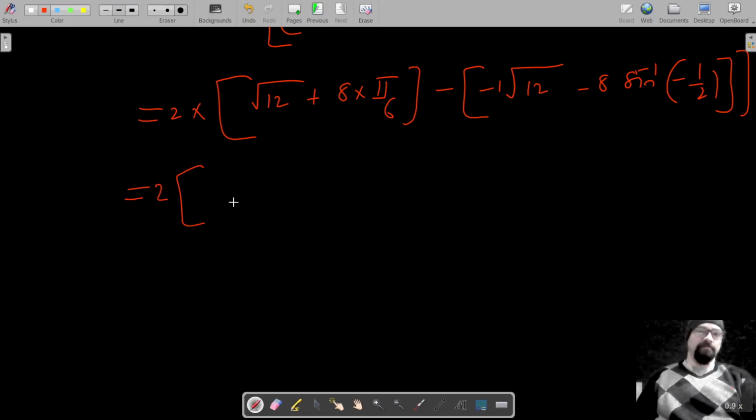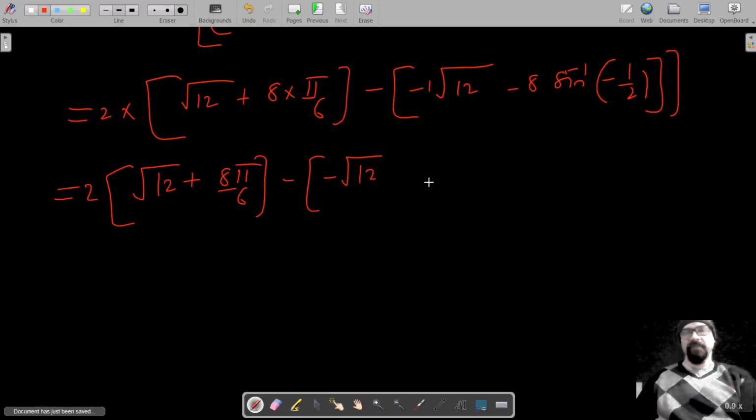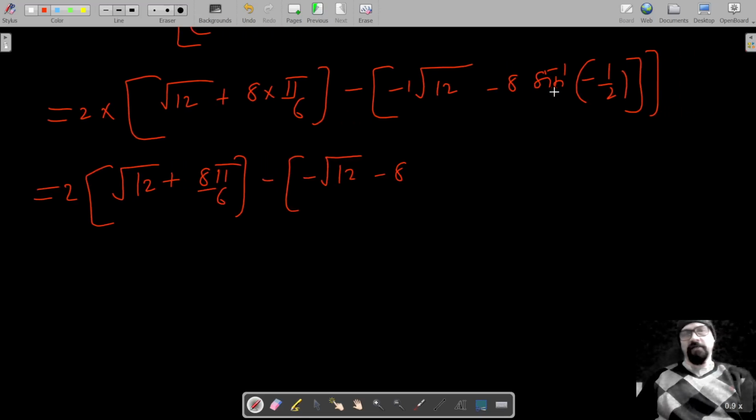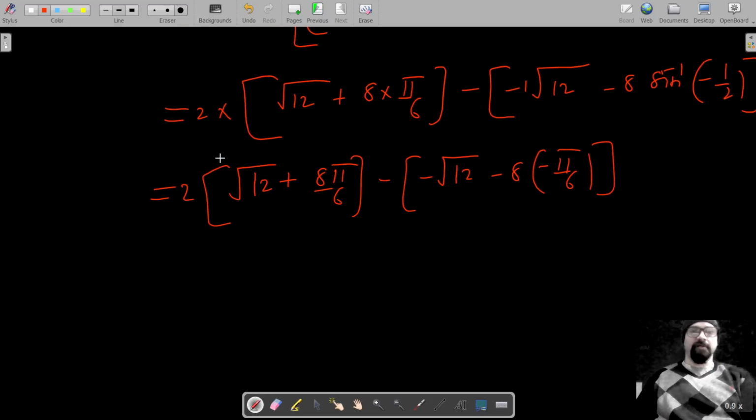So this is now equal to root 12 plus 8 pi by 6 minus negative root 12 is negative, and the angle for the value of sine is -half is negative pi by 6. This all has to be multiplied with 2.